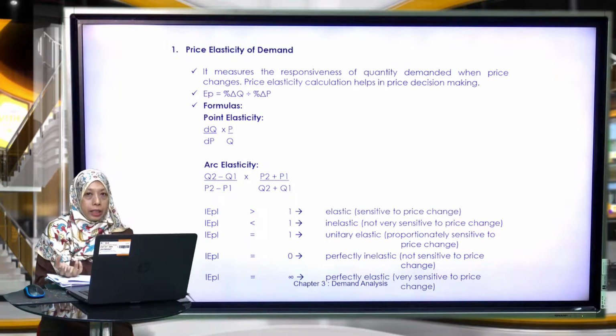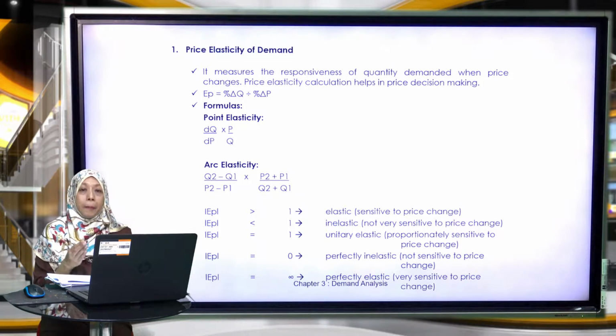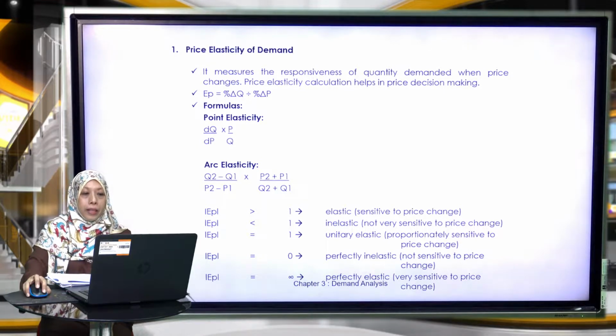When we calculate price elasticity of demand, you're going to see that it is very helpful when it comes to price decision making. So by definition, price elasticity of demand measures the percentage change in quantity demanded when its price changes by 1%.